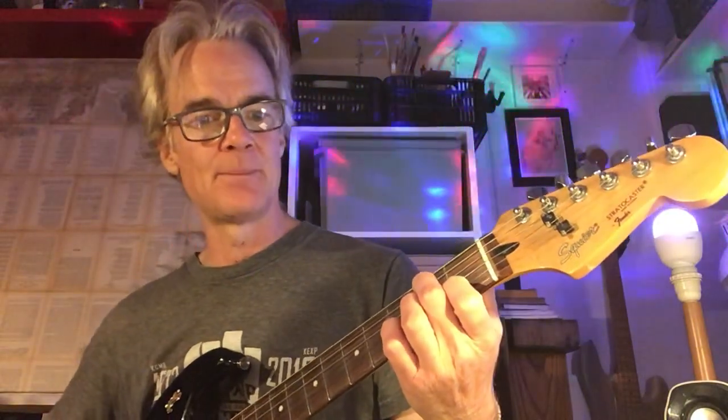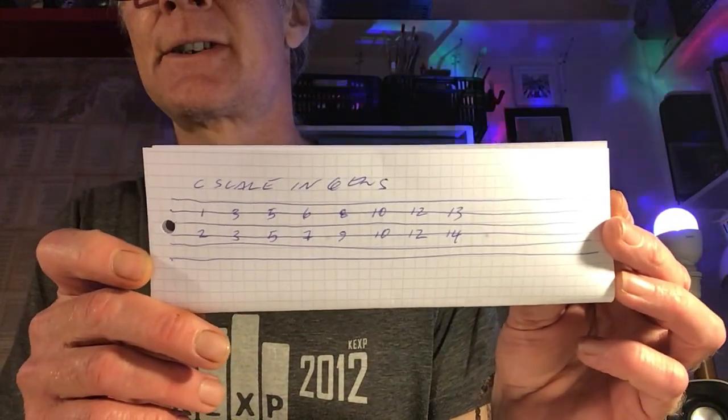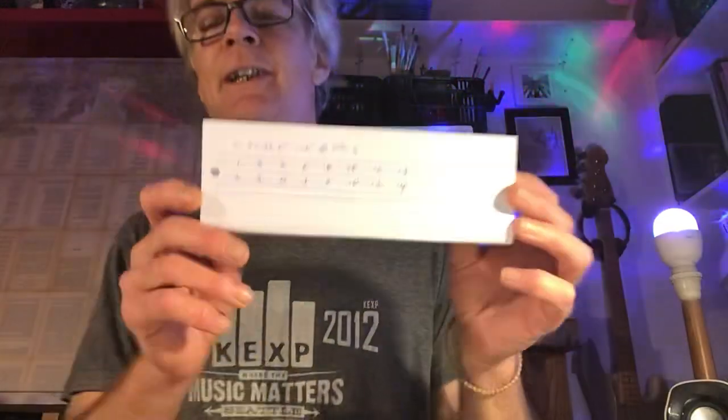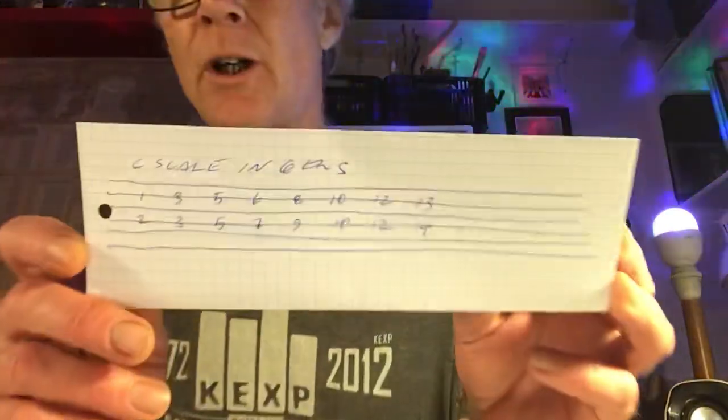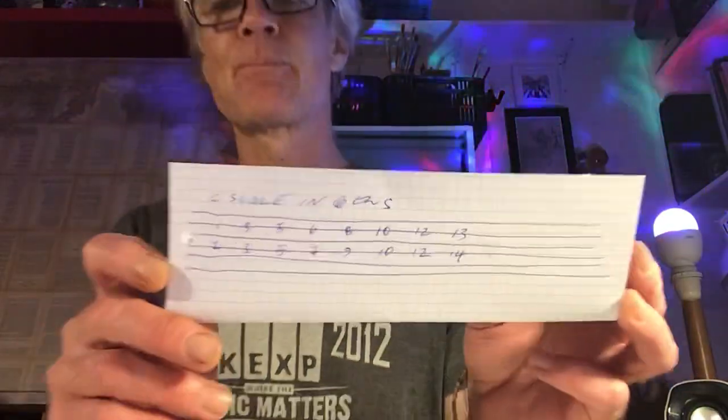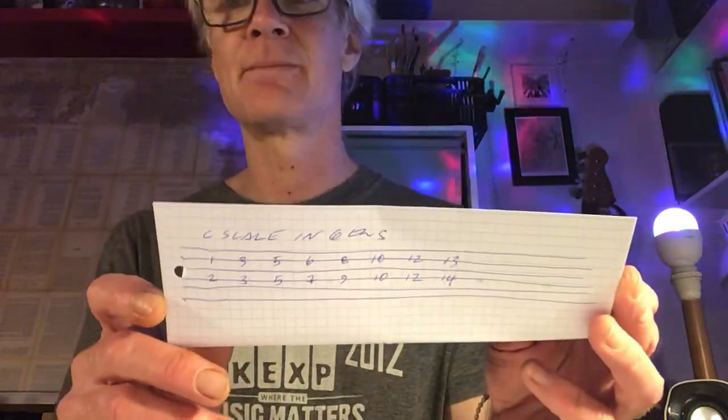So here, let me show you the chart, the graphic here. Such a nice, tidy, precise little graphic. Get your screen cap ready. So this is tablature. If you're familiar with guitar tablature, this will be familiar to you. If you're not, I find guitar tablature inherently intuitive.